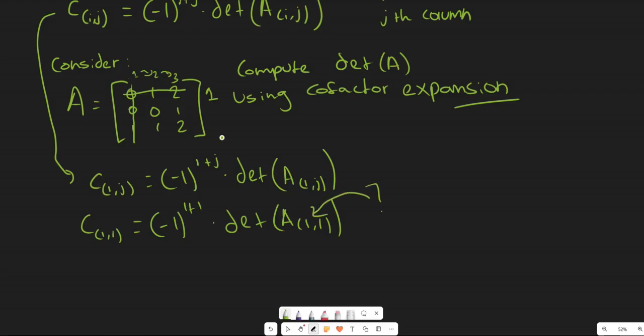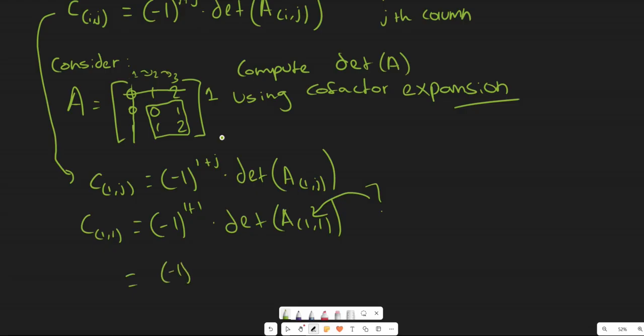What is this, you may ask? Notice that we have this new matrix here that is actually 2 by 2. This matrix here is what goes in here. This is the remaining 2 by 2 matrix when we eliminate the first row and the first column. So the formula will look like this.